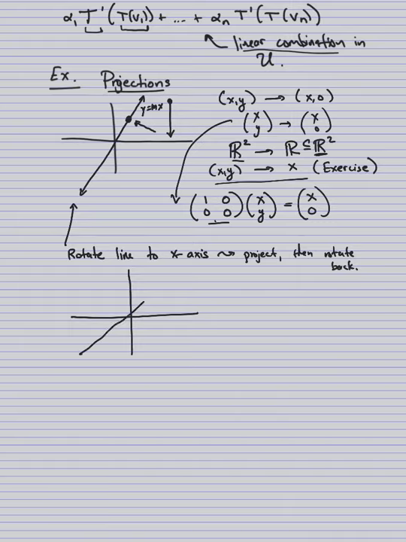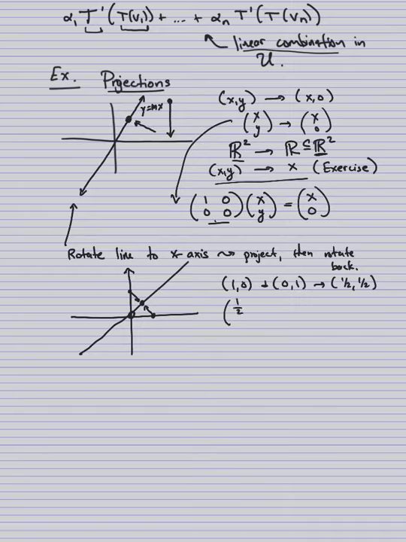I'll just do the line y equals x, for example. In this case, you can figure out exactly where the points go. (1, 0) and (0, 1) both get sent to the point (1/2, 1/2).